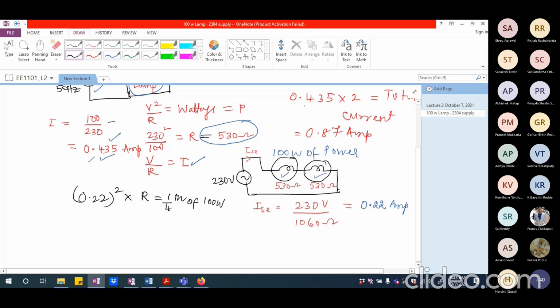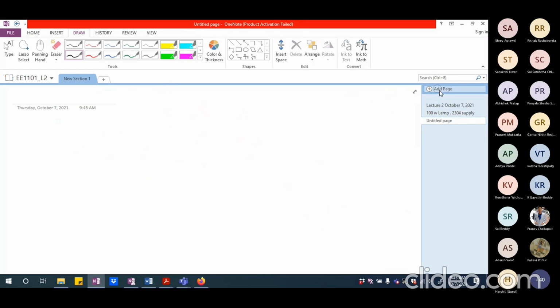From each lamp I will get only 25 watts and together I'll get only 50 watts, nothing more than that. So definitely this is not the way we will connect the equipment at home. In general, the series and parallel combination of resistance plays a vital role in deciding what kind of connection we want to make in the equipment, especially at home or in an industry.